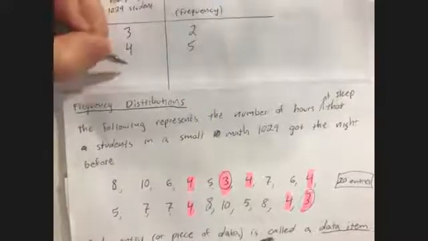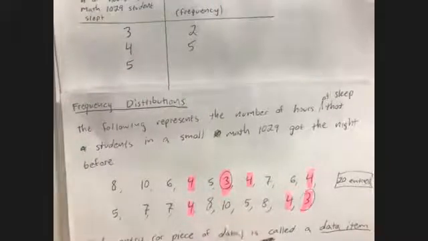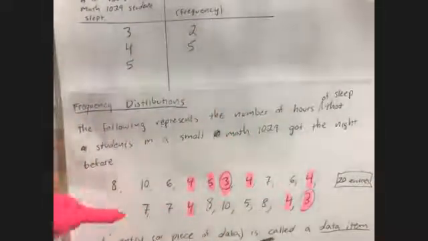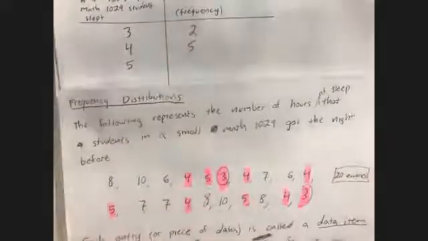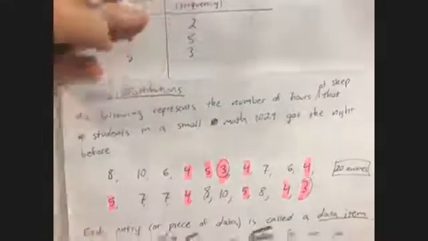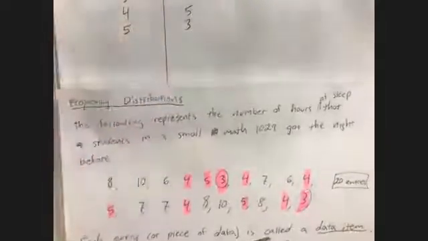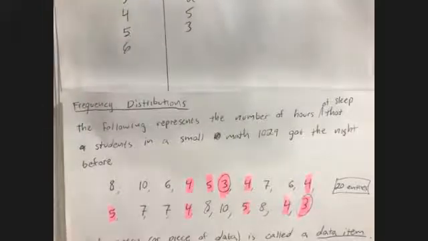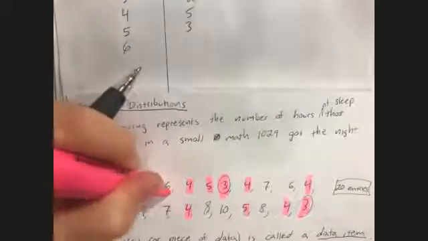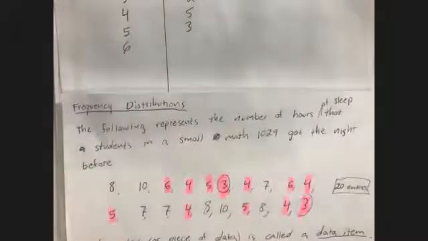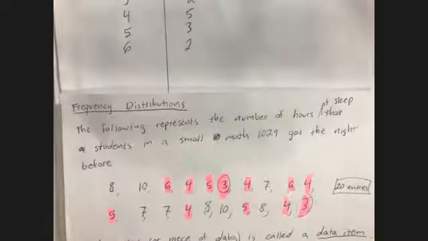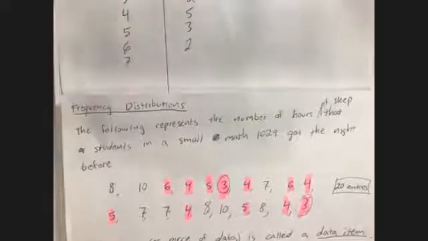All right, moving on. 5. So 1, 2, 3. 6. Down. 1, 2. And then 7 would be next. There are 3. 1, 2, 3.